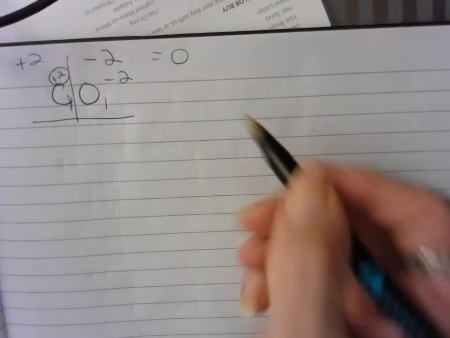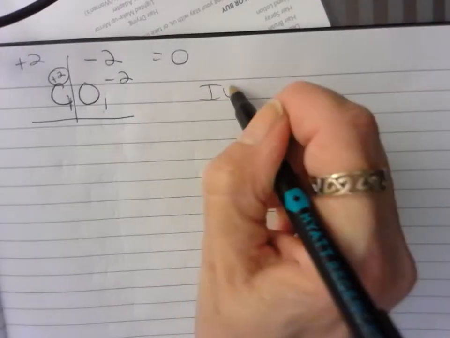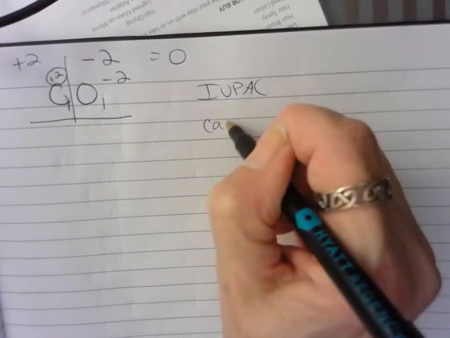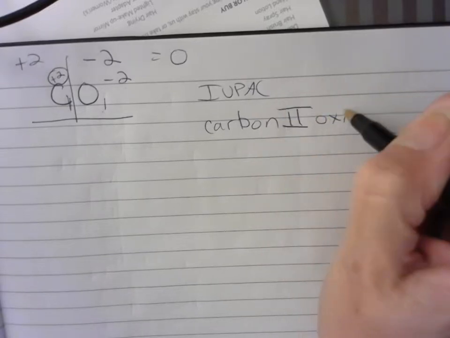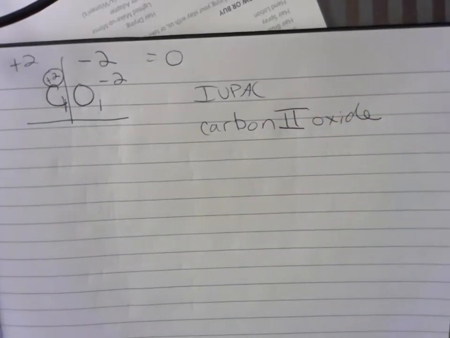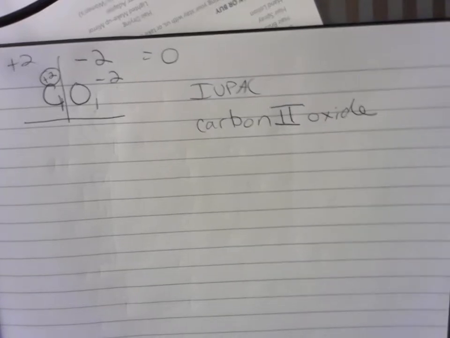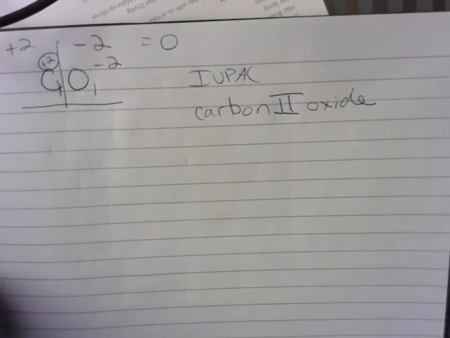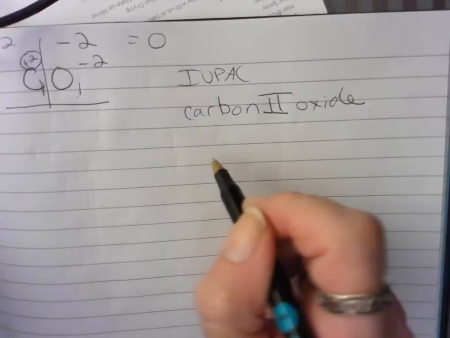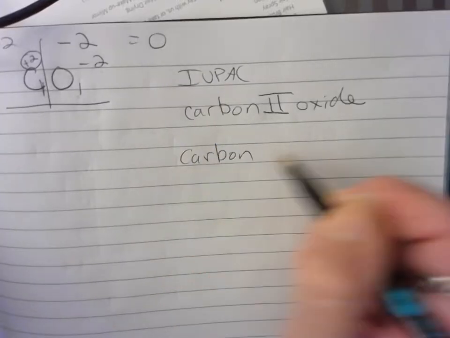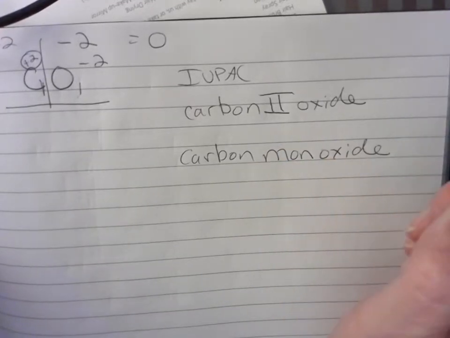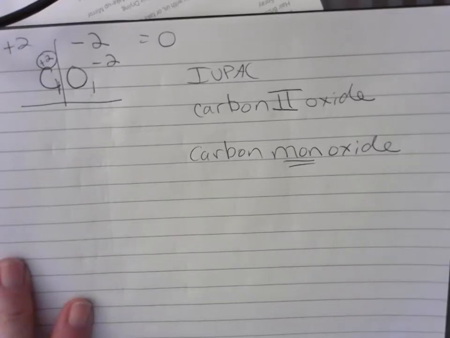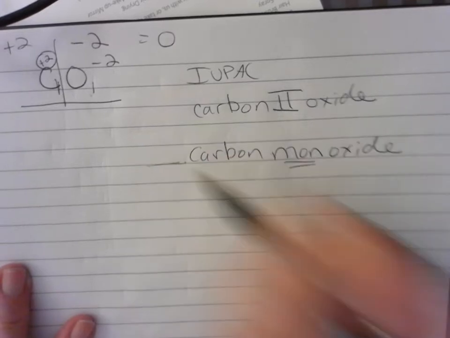So the IUPAC name is carbon 2 oxide. But the traditional name is carbon monoxide. Notice that we do put the mon instead of mono here, but we do not put the mon or mono in front.